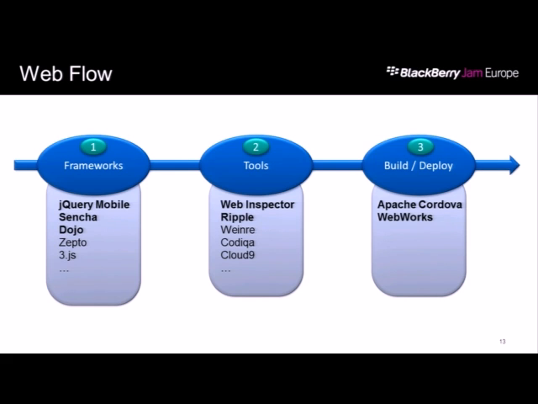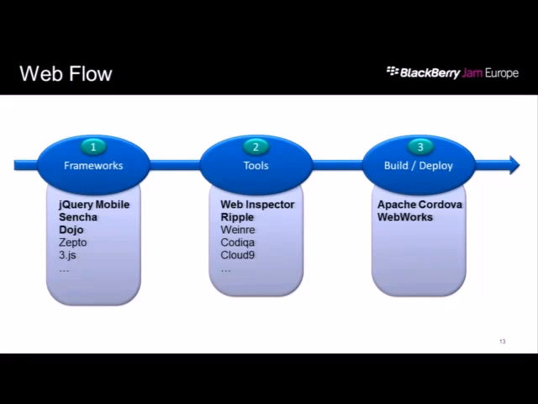I think there's still a lot of opportunity to get more powerful tooling for application developers. But there's a lot of very interesting stuff out there now that you may not be aware of. A couple of the key ones that we use a lot are Web Inspector and Ripple, and we'll talk a little bit more about those in a bit. They're actually providing a lot of very powerful debugging, performance, and emulation tools today that you can use.